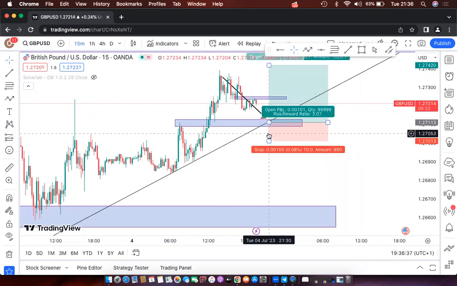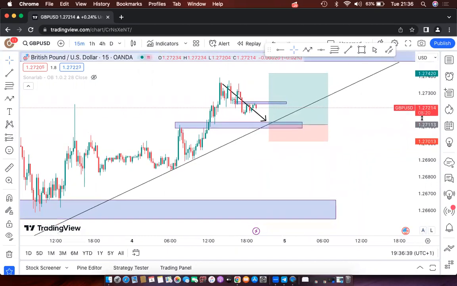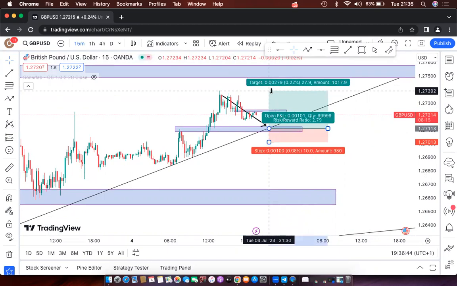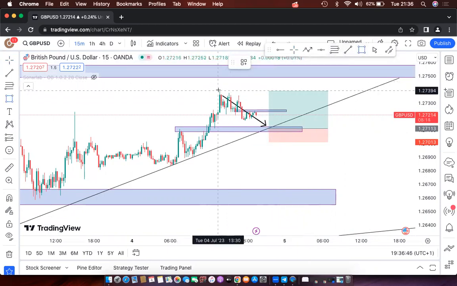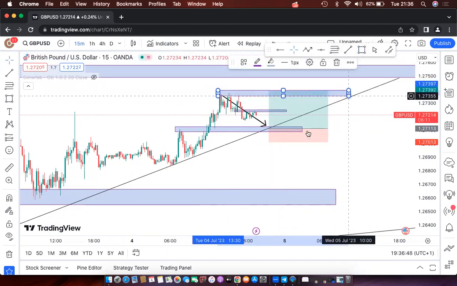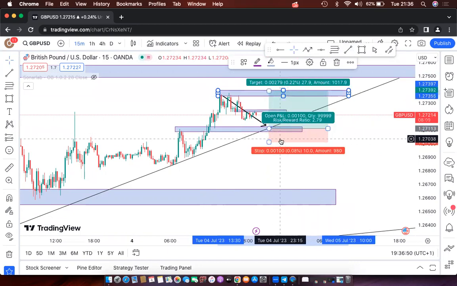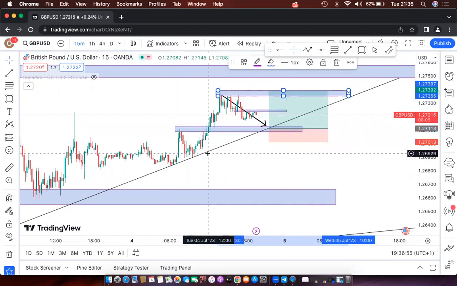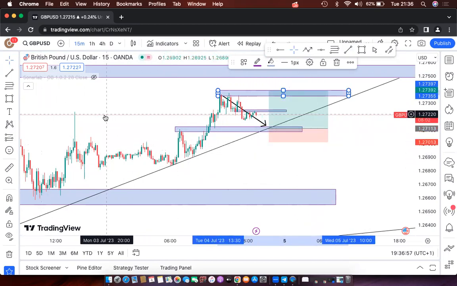So here, 30 pips back to this high, then here, 10 pips stop loss, meaning that's a 1 to 3 risk to reward ratio. You get some pips in there.